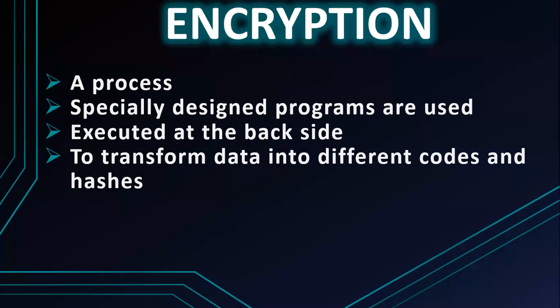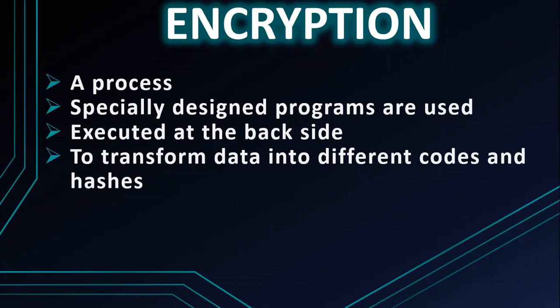The purpose of encryption is to transform data into different codes and hashes. Basically, encryption is a process in which our data, our message that must be kept secret, that must be kept secure, is transformed into unreadable form for the hackers or for third party intruders.